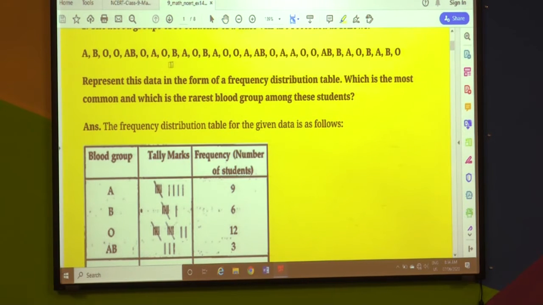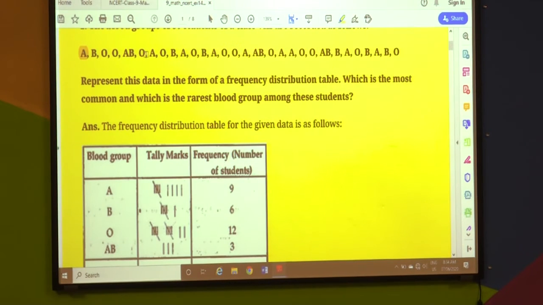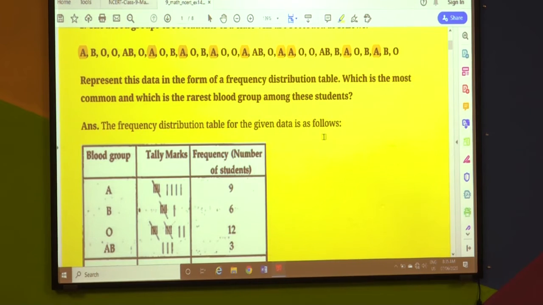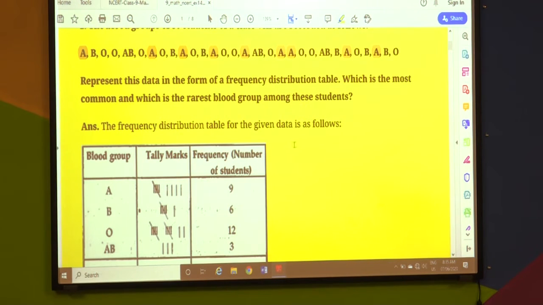Else, I'll just mark it here. 1, 2, 3, 4, 5, 6, 7, 8, 9. 9 students are having blood group A. So, you can see here in the table the tally marks.